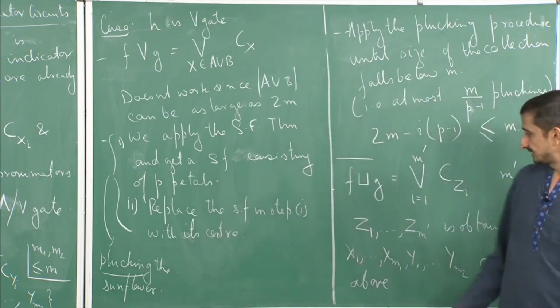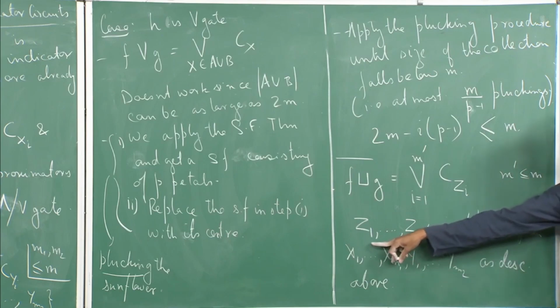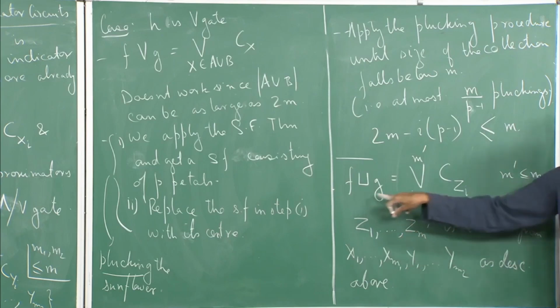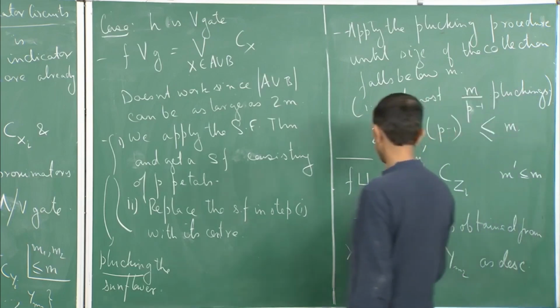As we have described above, if we started with these initial sets we will end up with Z1 to Z m prime. This is how I define the approximate OR of f and g. So this is the approximate OR.